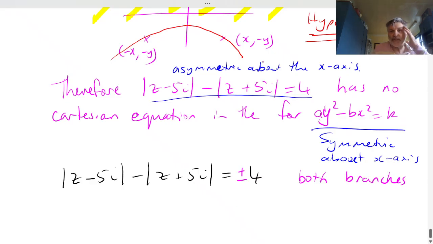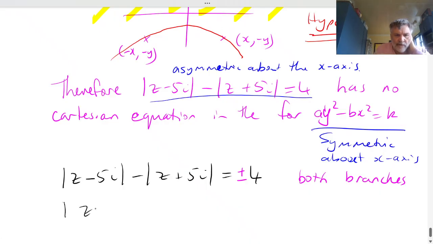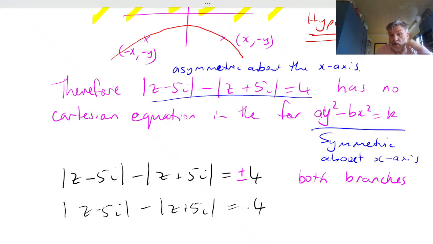But the question as written only gives us one branch. Another way they can fix this is 5i, that's the equation they had, but the answer, when it has the symmetrical form, will include the values where this is negative 4. So you could put an absolute value around this whole thing, and that would solve the equation as well.